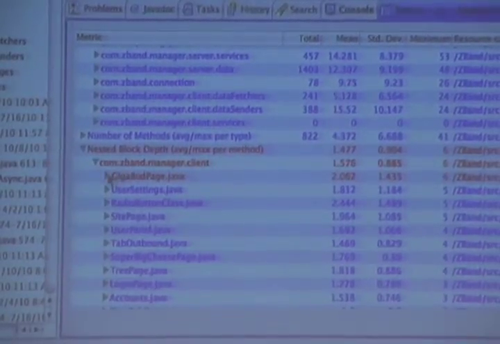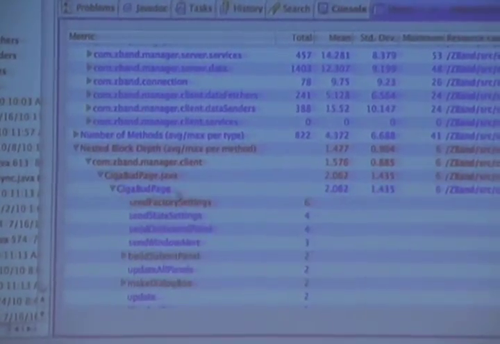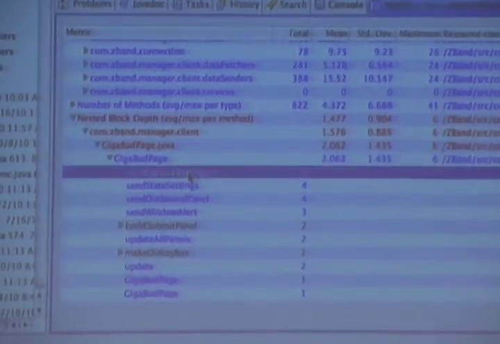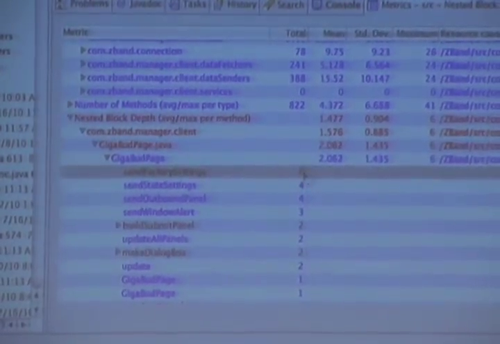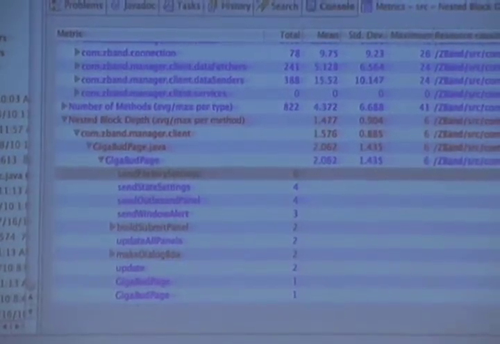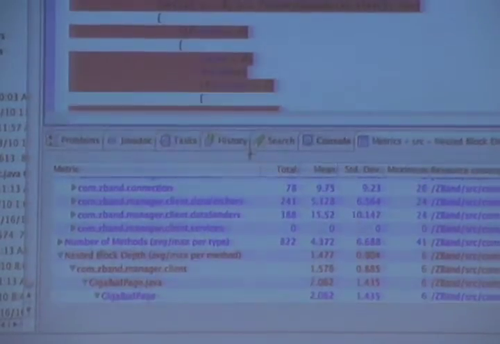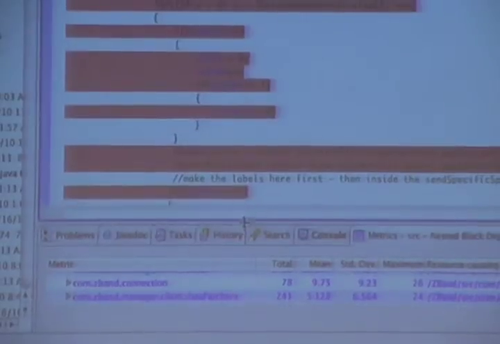This one is complaining about a particular method and saying that this metric has a nested depth of 6 and I have the target as you can't go deeper than 5. And when you look at this code, it's red because Eclemma didn't run it because it's in the client. That's okay. But look at the logic in this code.